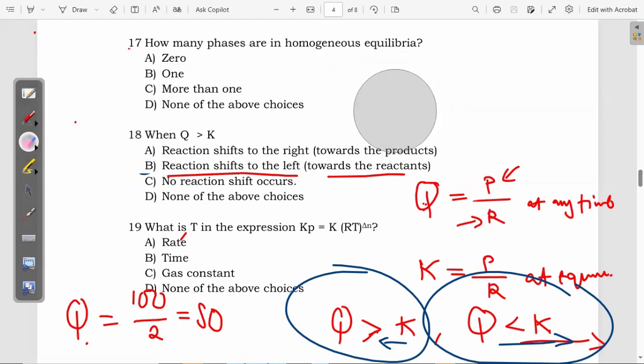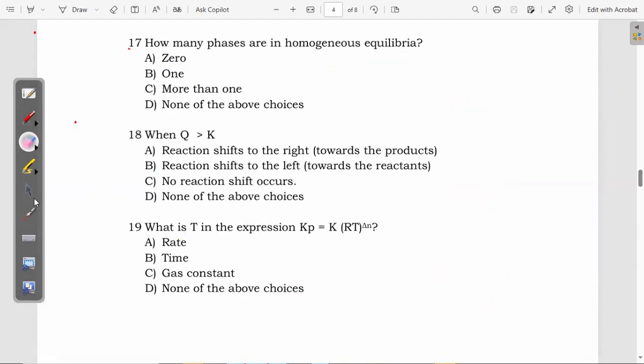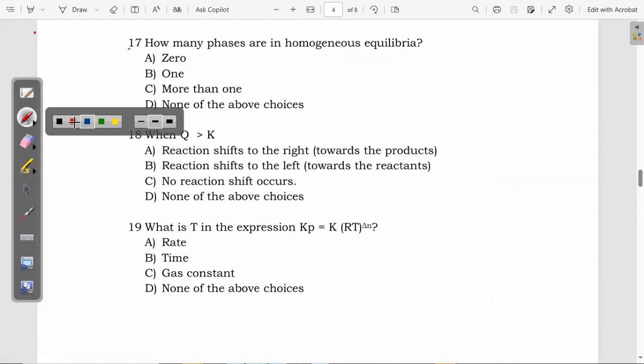And then on 19, they're saying, what is T in this expression here? This expression is what we use to convert the equilibrium constant based on concentrations to the equilibrium constant based on pressure.